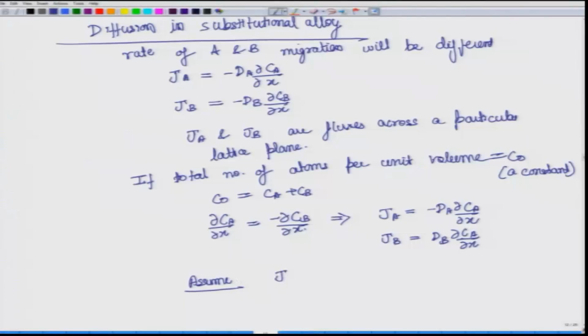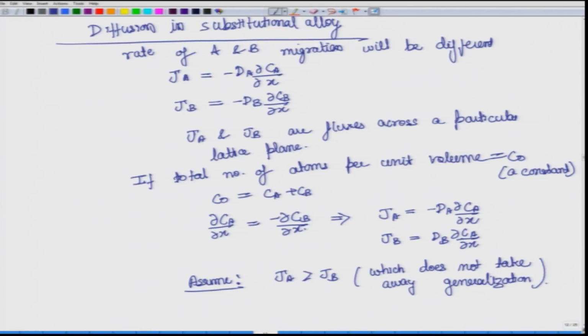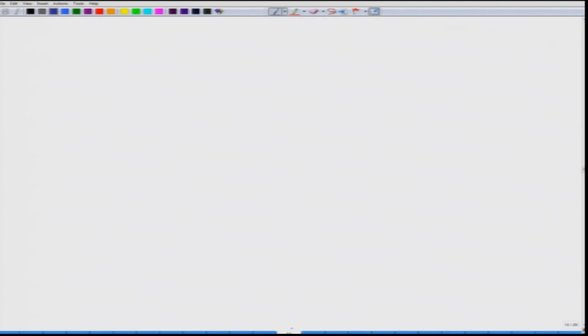So, one of them is larger and we are assuming that J A is greater than J B. This is an assumption which does not take away generalization. So, if now we have assumed that J A is greater than J B, let us look at this derivation.